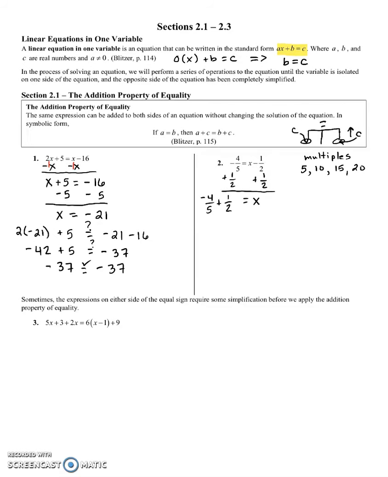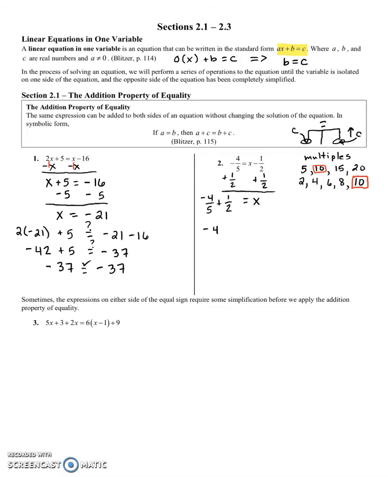Now, multiples of 2. 2 times 1 is 2. 2 times 2 is 4. 2 times 3 is 6. 2 times 4 is 8. And 2 times 5 is 10. So you can see we have a 10 and a 10. It's the first number in both lists that is in both lists, so that's our common denominator.